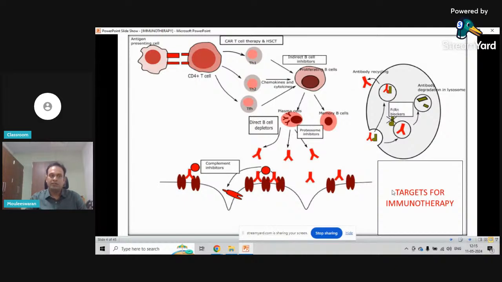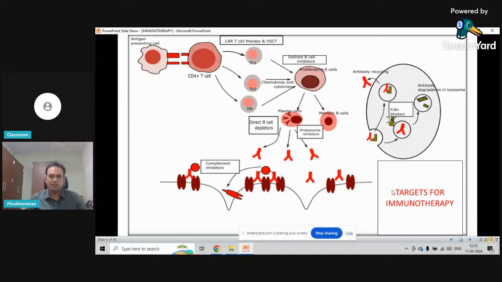So, coming to the antigen presentation and processing and the targets which are available in this process. Whenever an antigen is sensed foreign by the body, first the antigen presenting cell processes it, then it delivers to the CD4 T lymphocytes. From there, the pathway is activated either through B cell proliferation or T cell proliferation. So we have various modalities which can be aimed at targeting each step in this process.